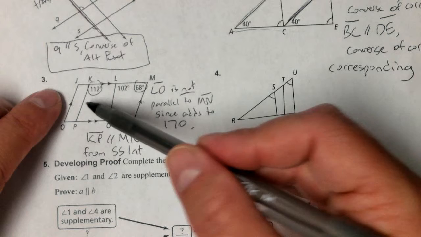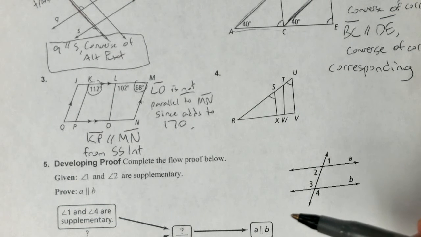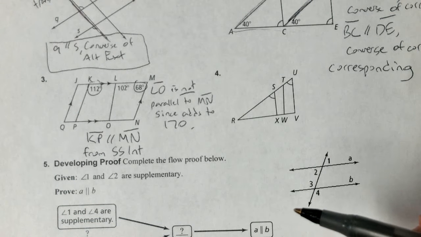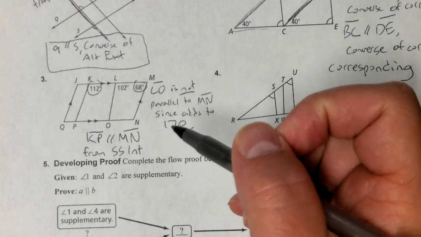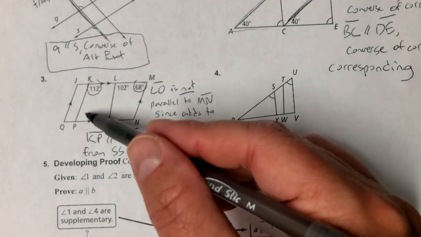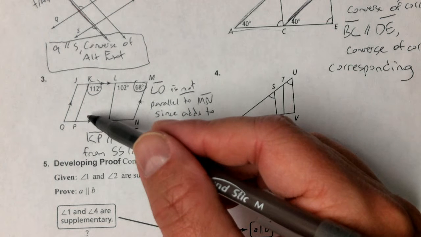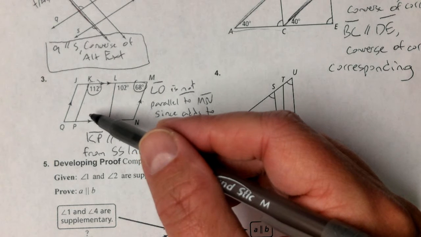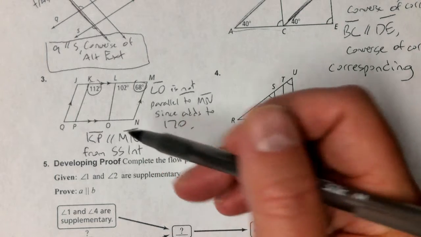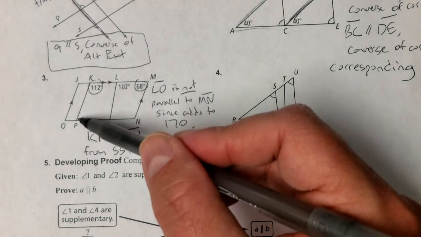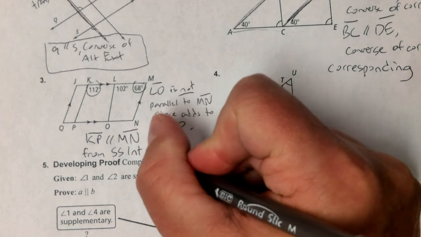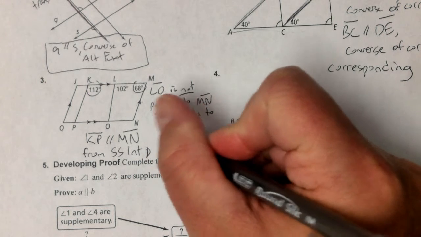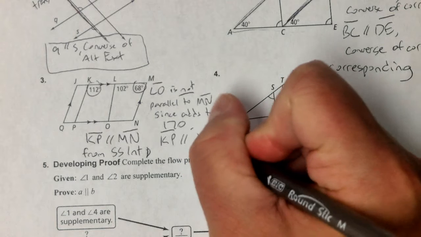So that means these would also be parallel. So we also know that KP is parallel to JQ.